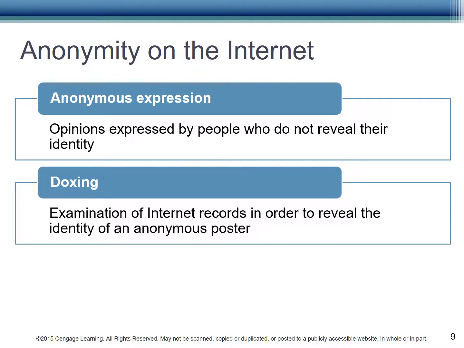Doxing, which we'll look at in just a minute or two, is where people go out and gather information on people that's perfectly legal, compile it together, and sell it or freely share it with others on the internet.